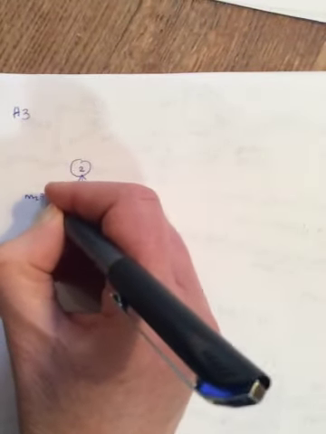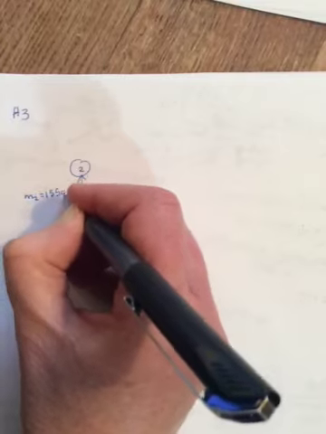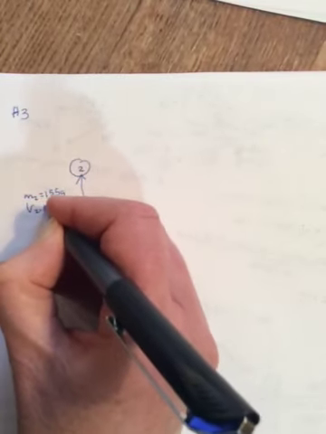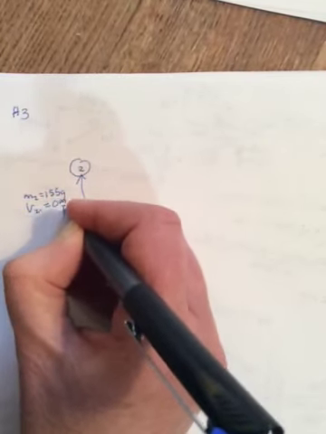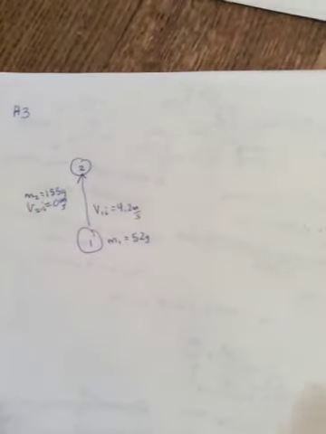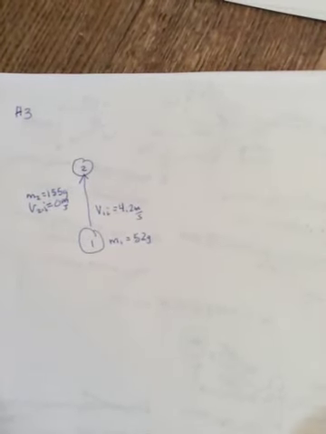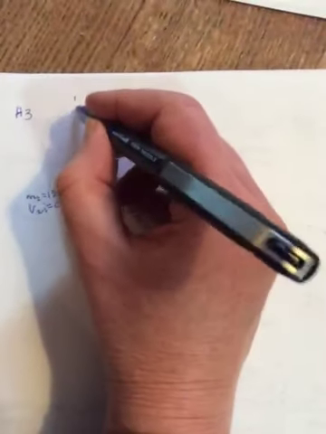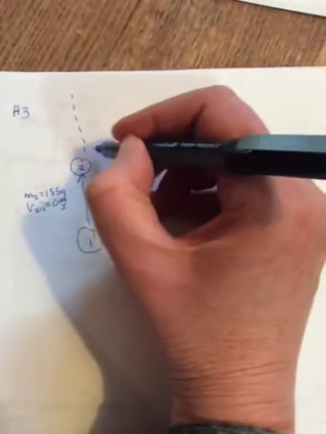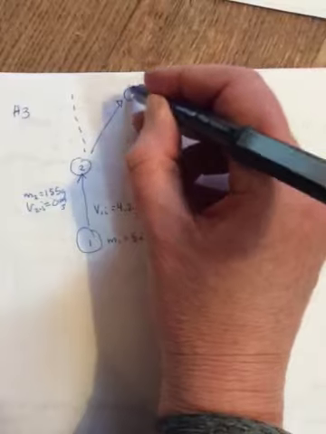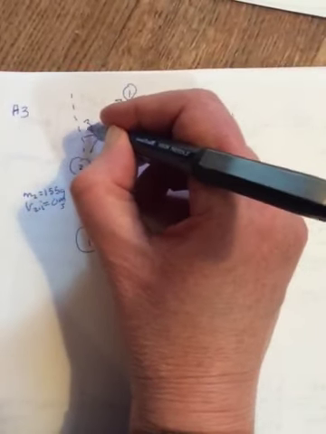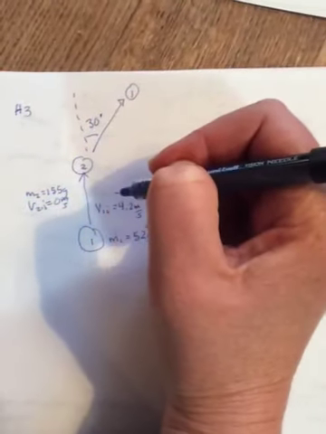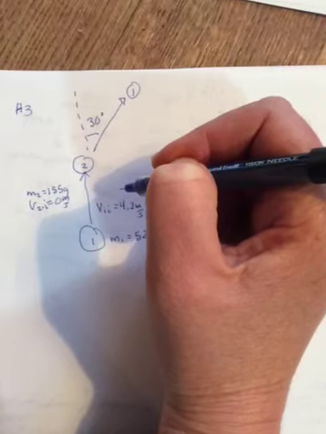So m2, 155 grams, v2 initial, 0. Okay, if the rubber ball moves off with a velocity of 2.2 meters per second, at an angle of 30 degrees clockwise from its original direction.